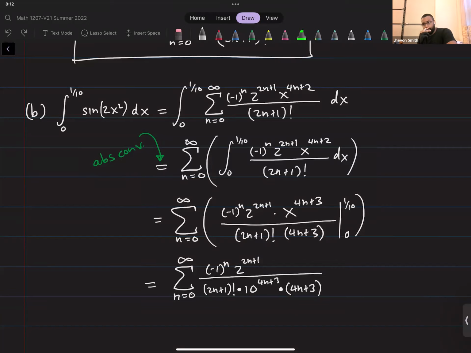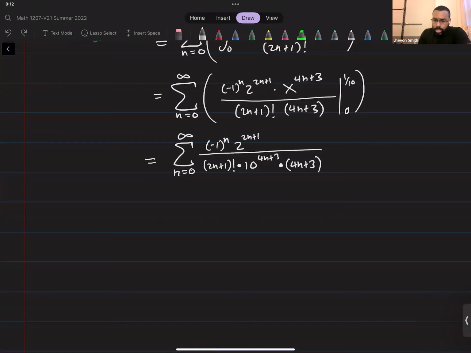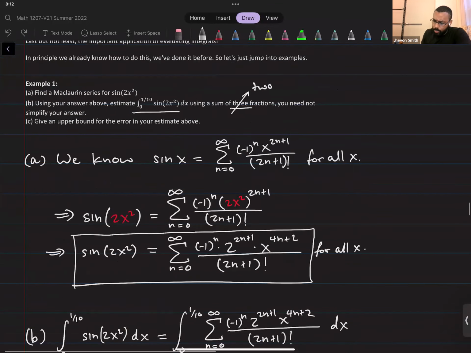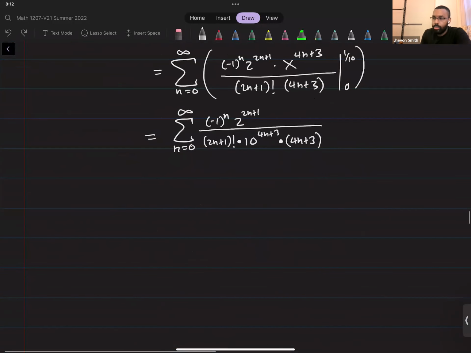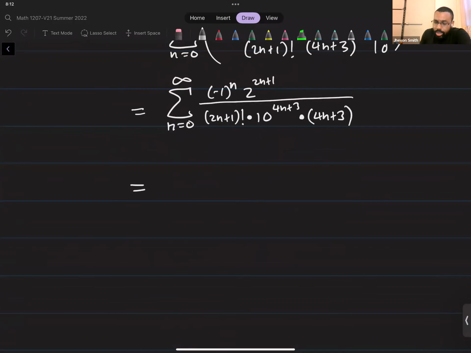Now, let's just follow with the question. We'll actually follow up with getting close to the answer before. It says we want to approximate this using a sum of 2 fractions. What I'm going to do, though, is calculate 3 fractions because we're going to need to use it ahead later on. So obviously, I'm going to plug in n equals 0.